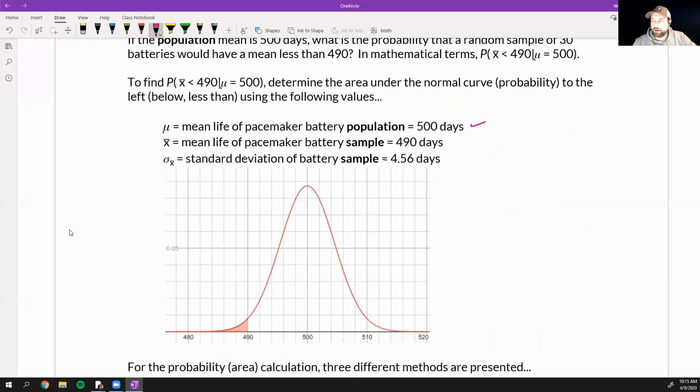So that's our mean of the population right here. There's the mean. Our sample had a 490-day mean, and this is our target. That's the value that we're going to set right here, 490. And our standard deviation is 4.56 days.